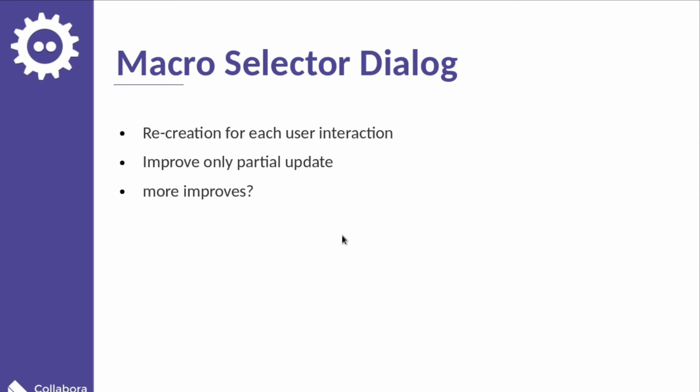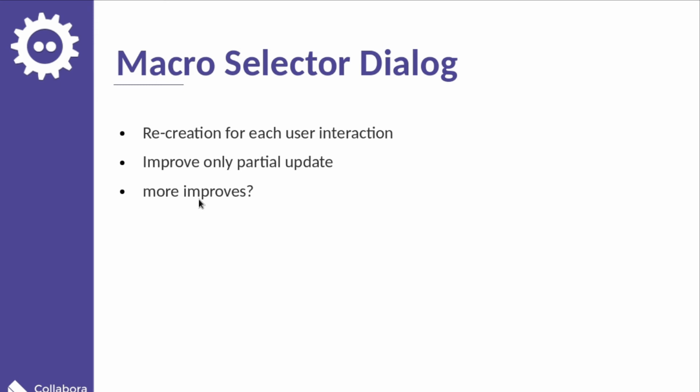However, there were some problems creating dialogs on the client side. For example, the server sent all the data again for each user interaction, like a button click. The dialog was recreated completely again. So I had to improve that with a partial update. It means that the server side will only send the invalidated data to the client side to just update that region.